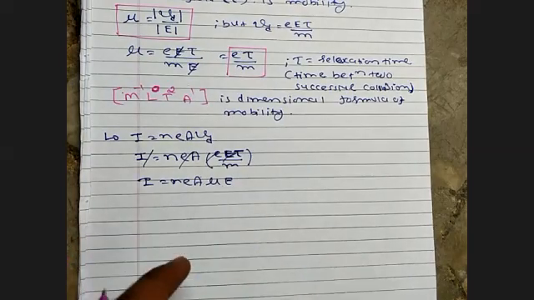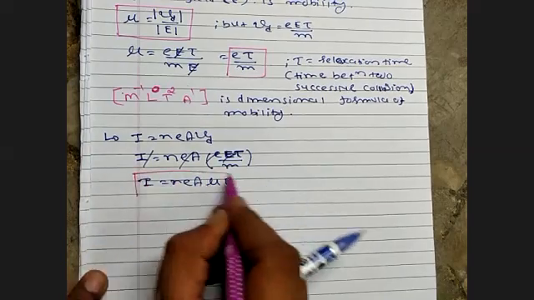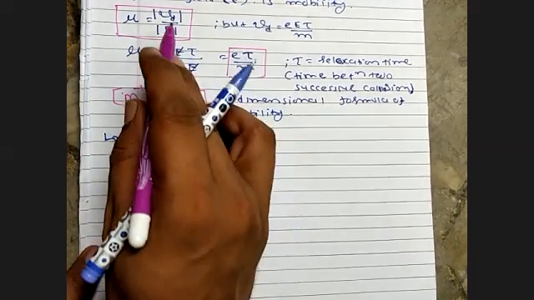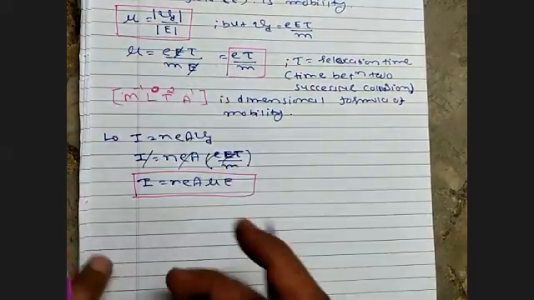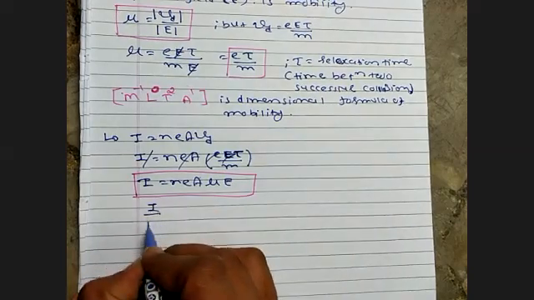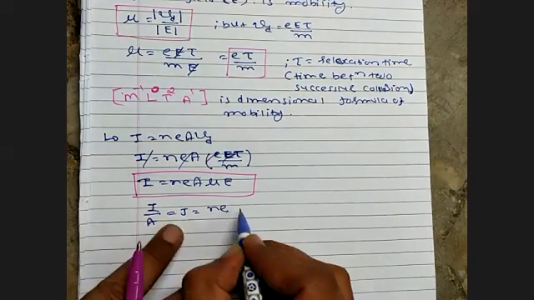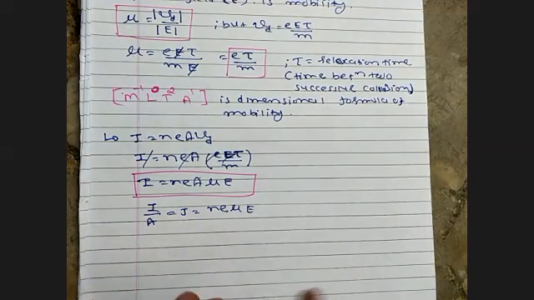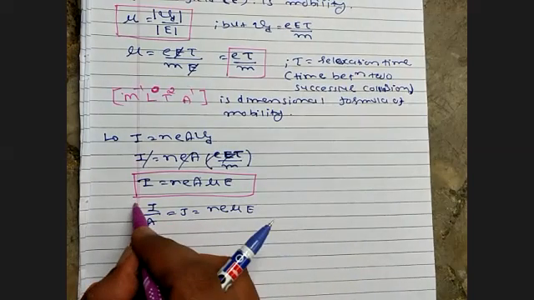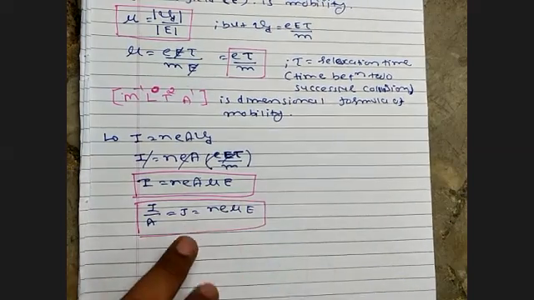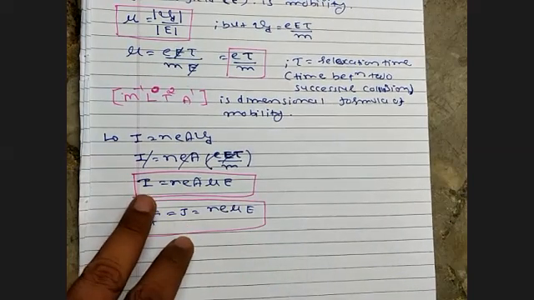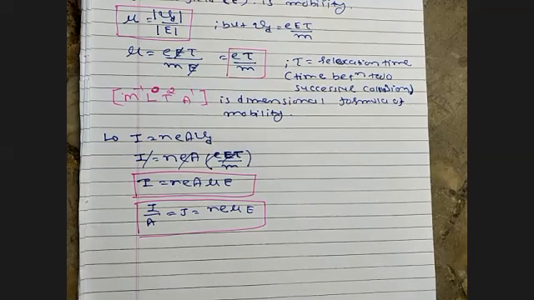That is one equation of mu. Another, I upon A is equal to J, so J is equal to N E mu E, in terms of current density J, in terms of current I. So this is a variety of ways we can understand it.